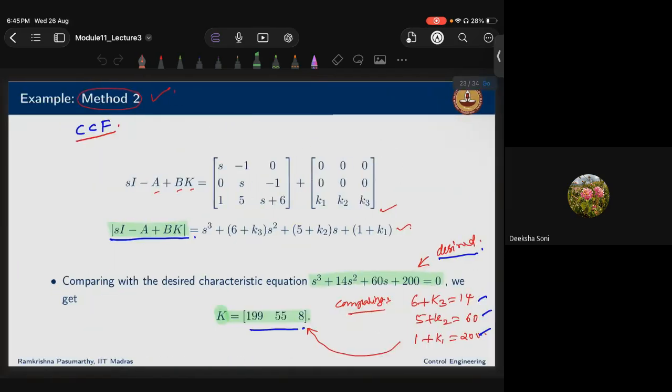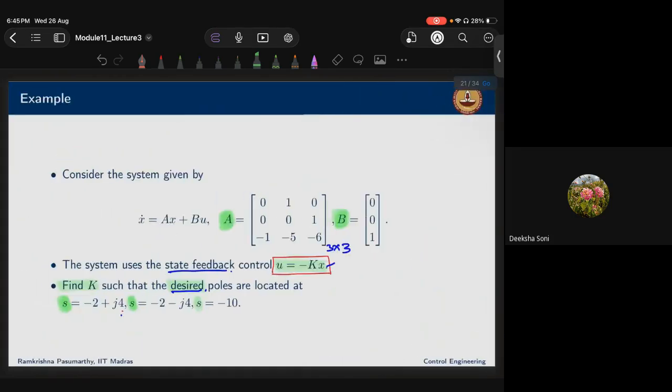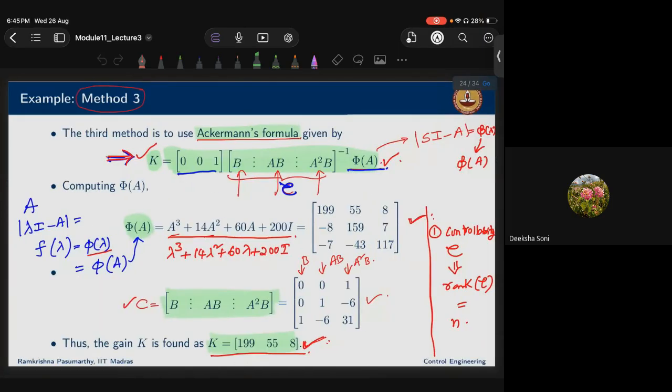Then method two: if the A and B matrices are in CCF form, compare the coefficients. Same thing. The third one is method three: you use the Cayley-Hamilton theorem, characteristic polynomial, to find the k.